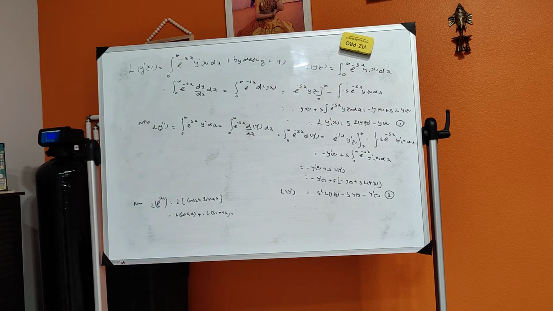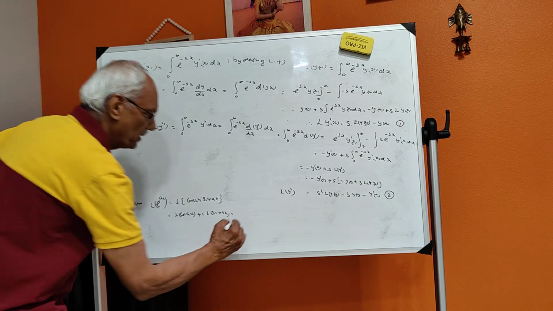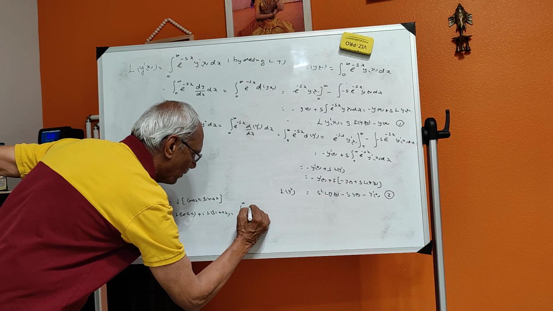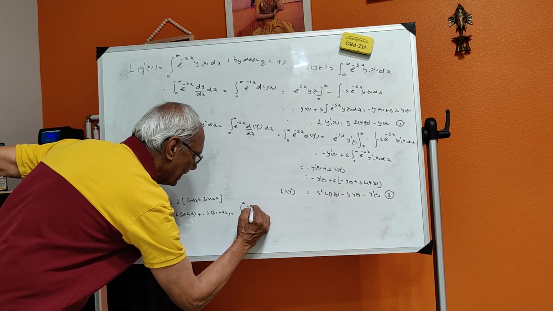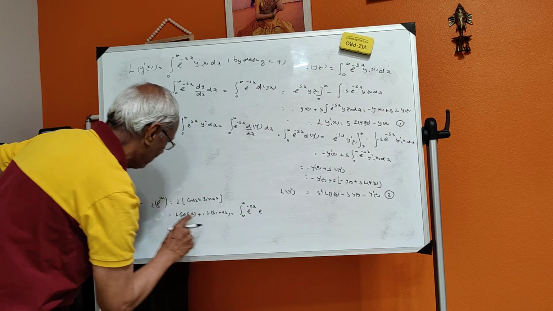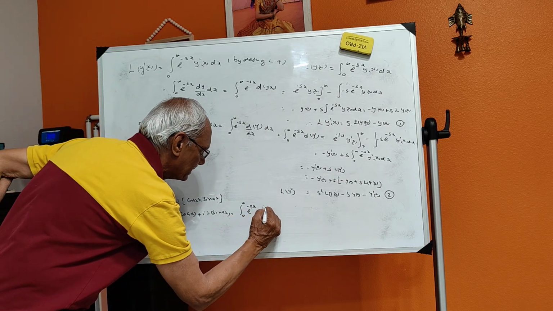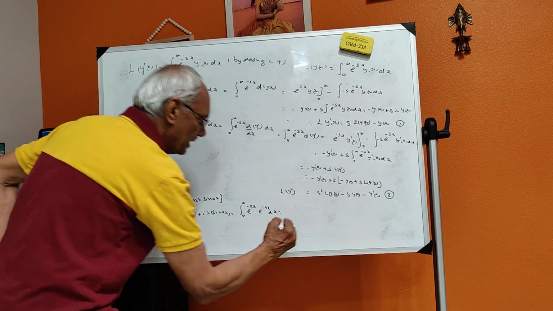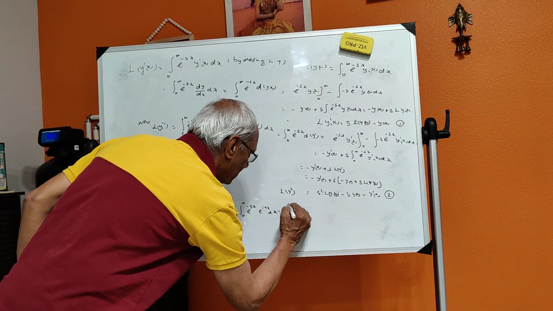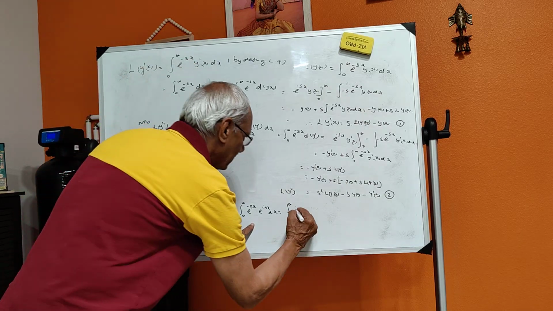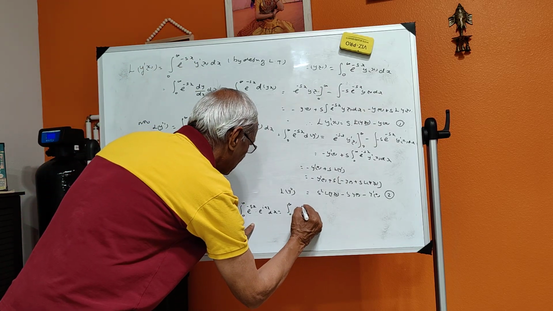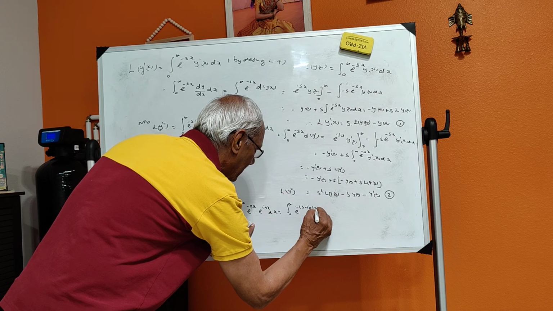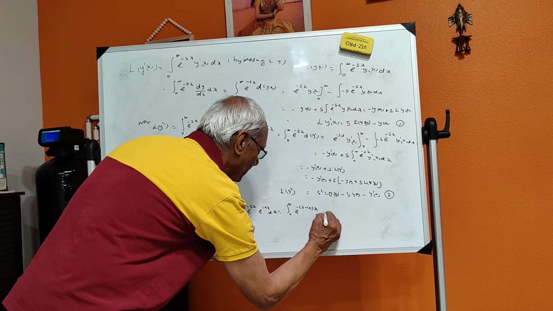Now this is equal to, as per the definition of Laplace transform, the integral from 0 to infinity of e to the power of minus sx into e to the power of iax into dx. So this is equal to the integral from 0 to infinity of e to the power of minus s minus ia into x into dx.